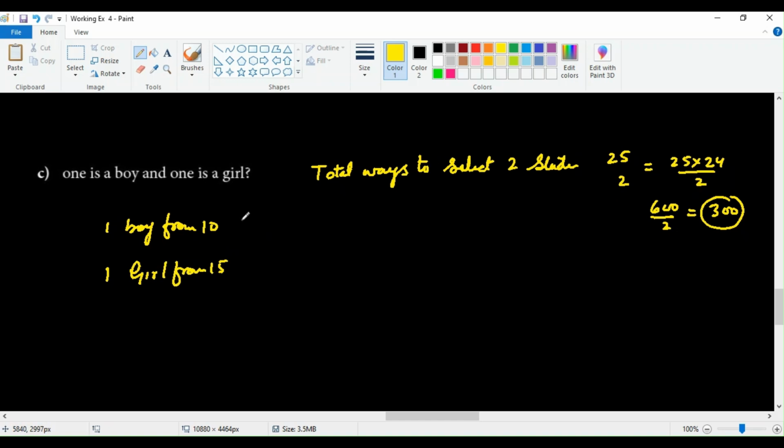So ultimately answer for this one is going to be 10, and this is going to be 15, and 10 times 15 is going to be 150, and 150 is favorable outcome, and total outcome is 300. So final answer is going to be 1 over 2 for part C.